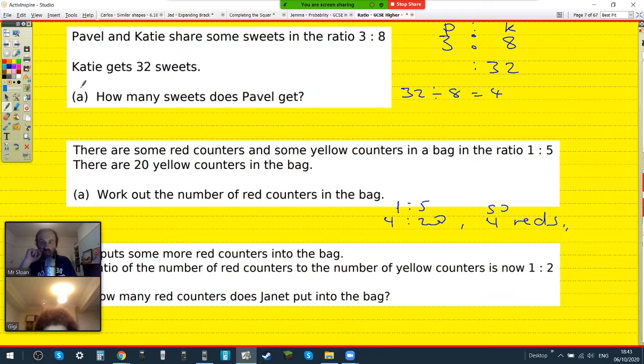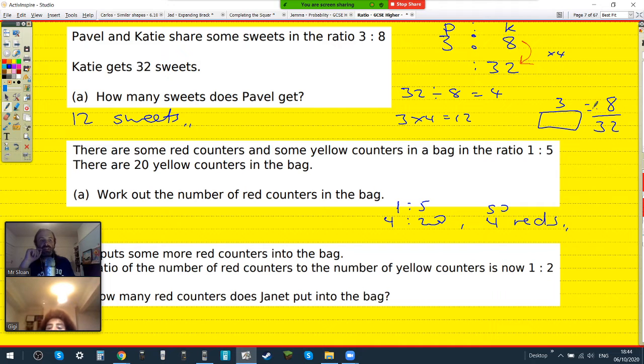What did they times 8 by to get 32? Oh, 4. Yeah. So 3 times 4 would be 12. That's it. So he gets 12 sweets. It's a bit like 3 over what equals 8 over 32. So like simplify 8 over 32 and it becomes 3 over 12. Something like that.